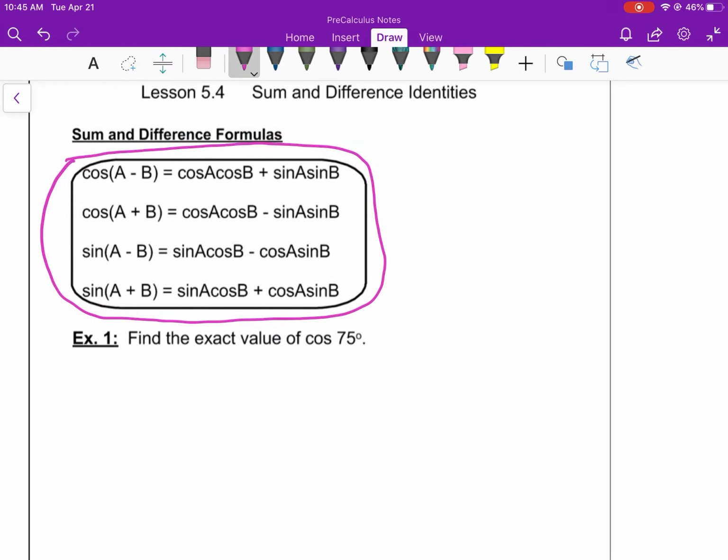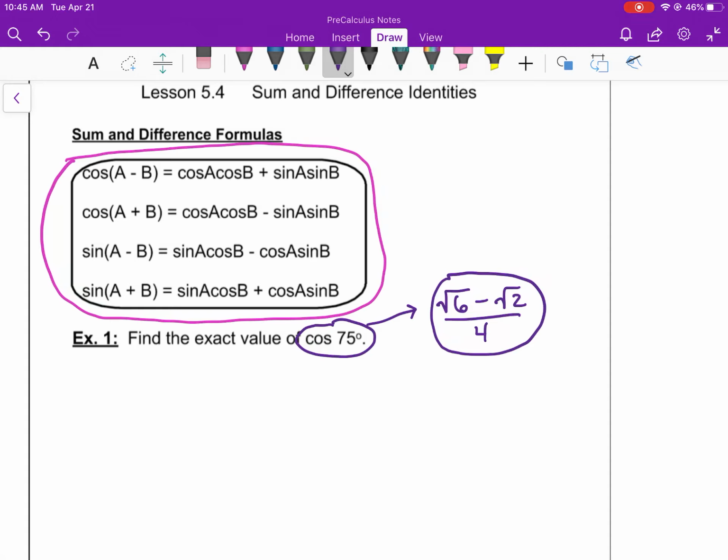All right, if I ask you to find the cosine of 75 degrees, some of you have calculators that would just give you the answer. Some of you have calculators that would give you a decimal answer. Some of your calculators have answers that are going to be exact. Some calculators, like I said, will just give you the exact answer, and it's radical 6 minus radical 2 over 4. Now, you can also just get that as a decimal, right?